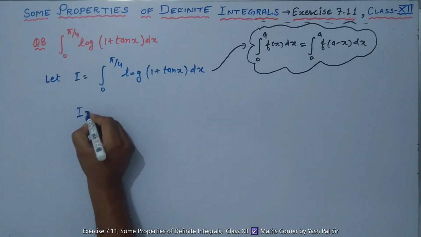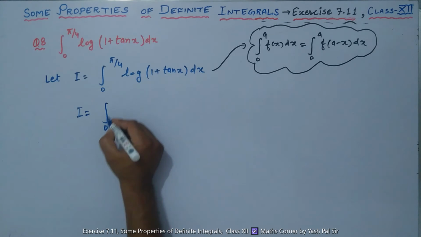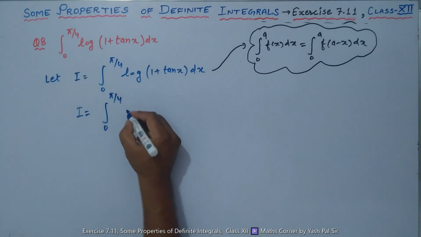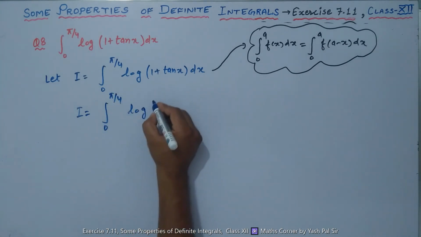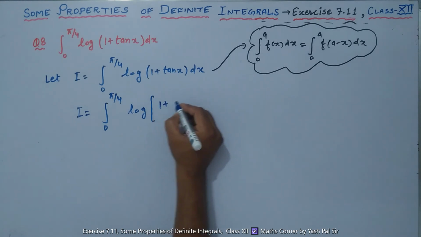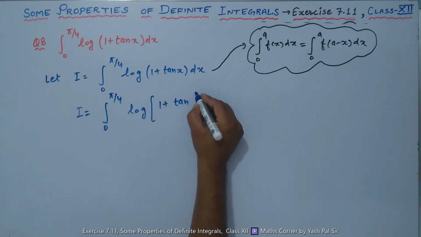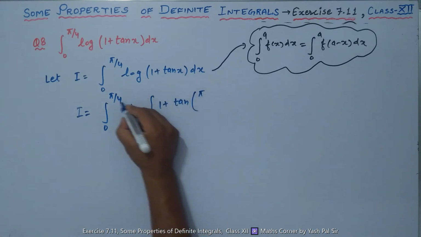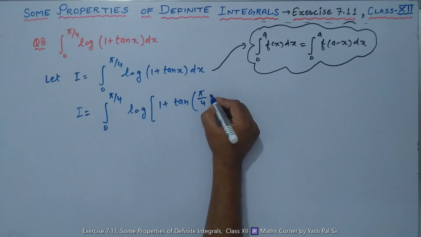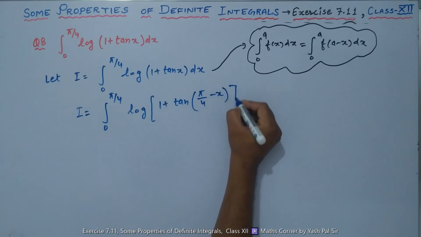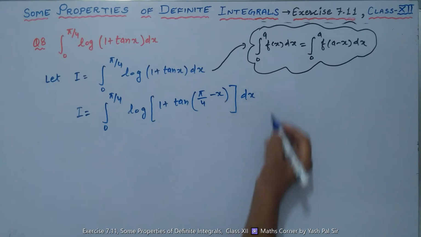I becomes integral 0 to pi by 4 of log of 1 plus tangent of a, which is pi by 4, this time pi by 4 minus x, dx.